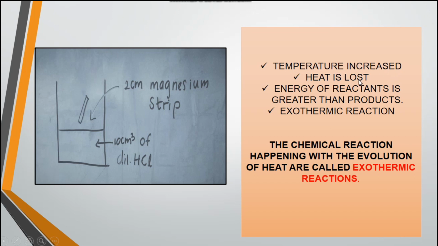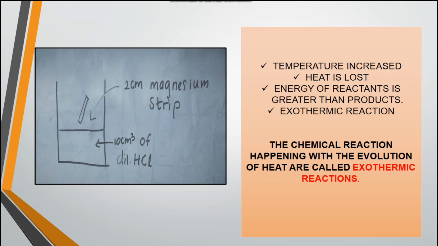That means the energy of the reactants, here magnesium and dilute hydrochloric acid, is greater than the products. When the magnesium and hydrochloric acid react together, magnesium chloride and hydrogen gas are produced.